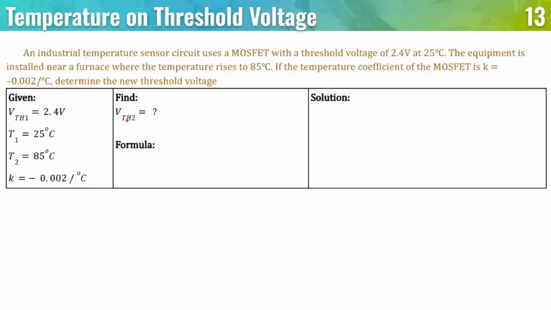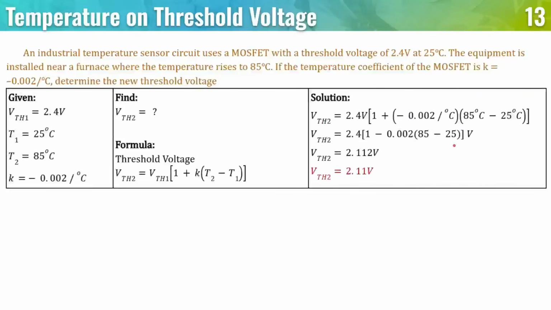We are to find VTH2. Using the formula for threshold voltage, we are able to substitute into the equation. These units will cancel out, and we are left with volts as the units for the final answer. Inputting this on our calculator, we find that the final answer to two decimal places is 2.11 volts.